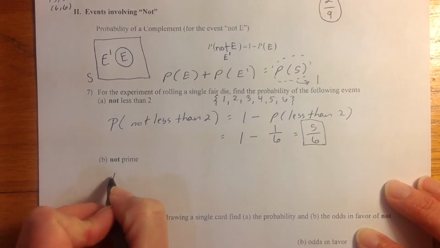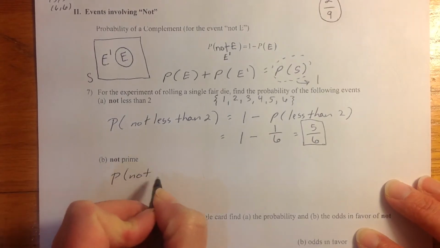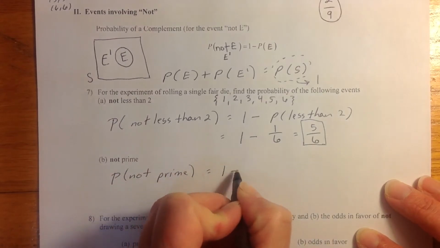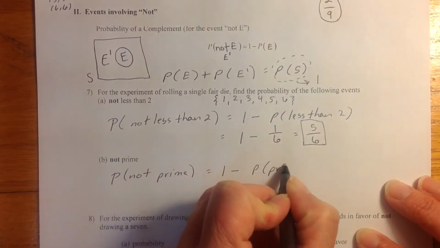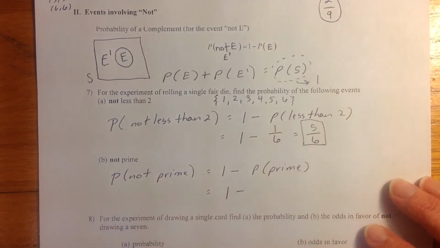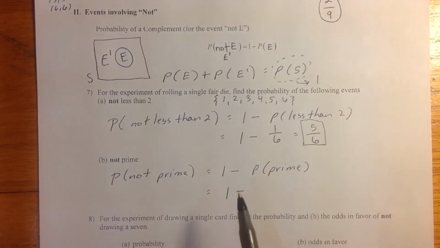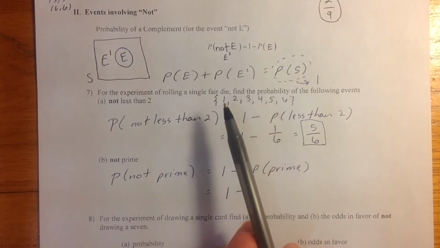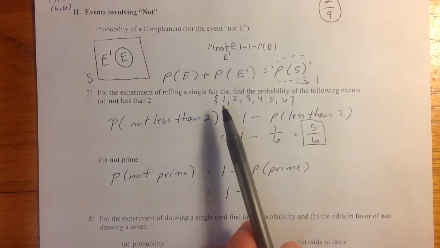Okay, so now it's the probability of not prime. Well, that equals 1 minus the probability that a number is prime. So this is 1 minus. Remember, a prime number is a number only divisible by 1 and itself. Also remember, 1 is not a prime number.